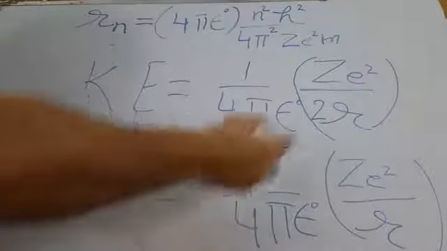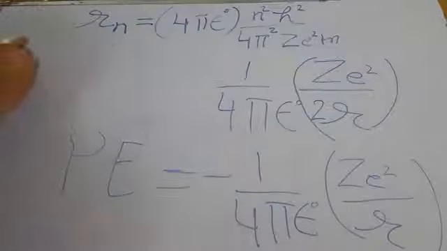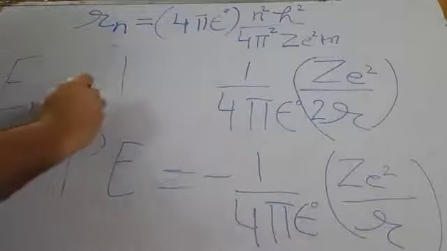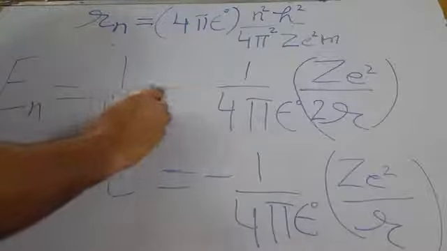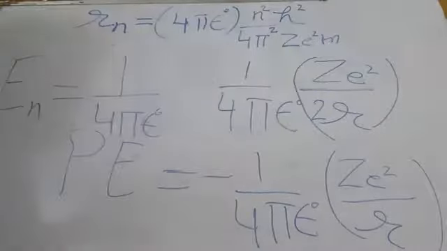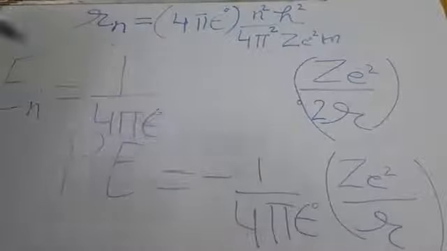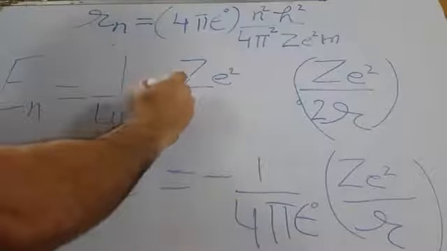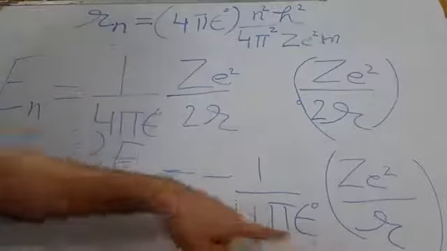If we add this with this, we get the total energy of the electron, and how much does that total energy come out? Energy in the nth orbit of the electron should be equal to 1 upon 4 pi epsilon 0, this kinetic energy we are adding up, Ze square upon 2r, and this.